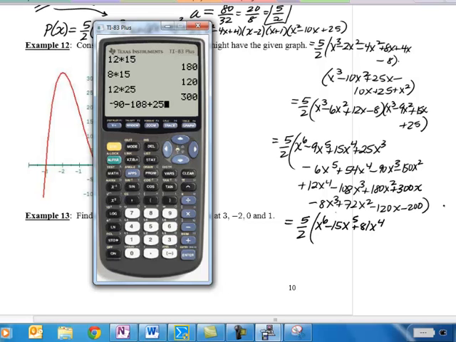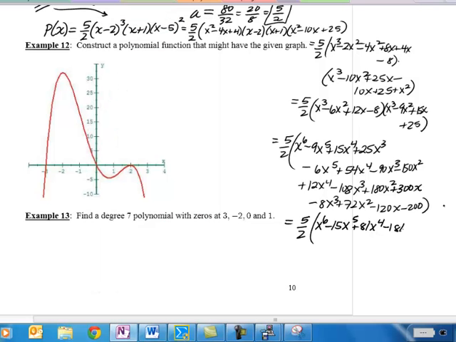Looks like minus another 8. So negative 181. Then the x squareds, we have negative 150 plus 180, that's 30, plus 72, that would be 102.